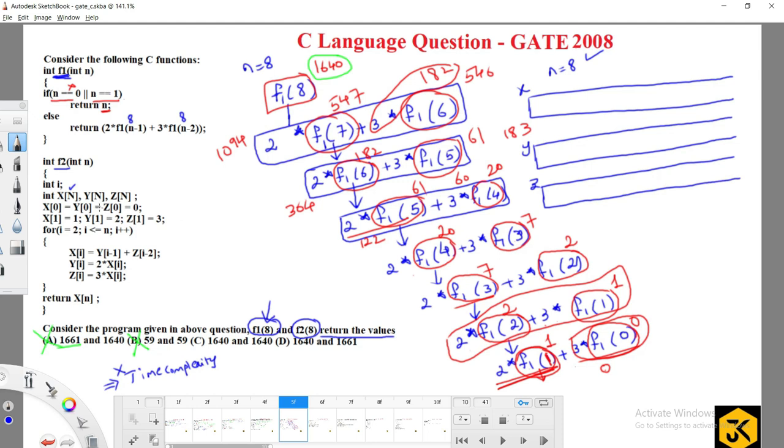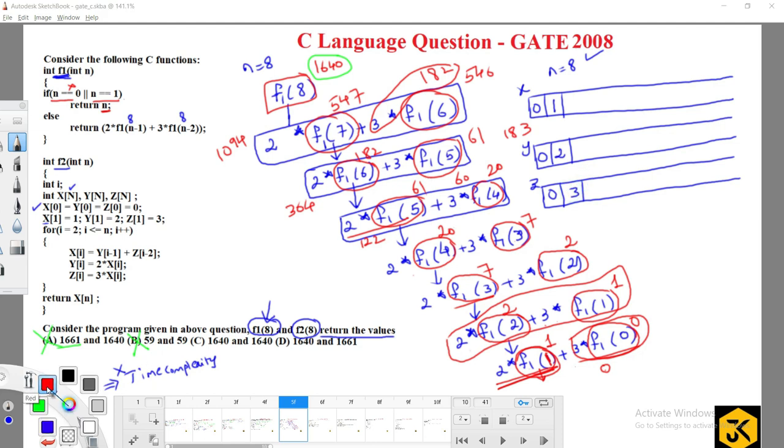They have taken three arrays with max size as n, right? And by default they placed all the array index position zero values with 0. So this is 0, this is 0, and this is 0, and they have placed x of 1 as 1, y of 1 as 2, z of 1 as 3.